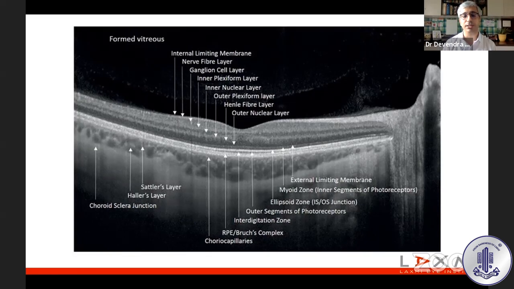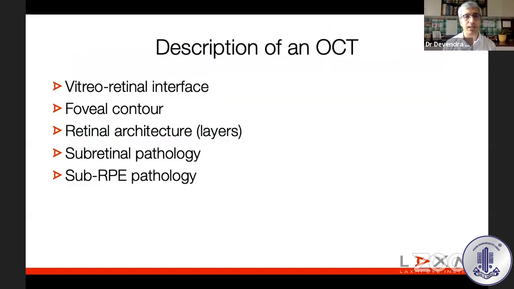But now you can really see those different layers on the OCT, and they're called by different names, but you can also image beyond the retina into the choroid and sometimes beyond the choroid as well.